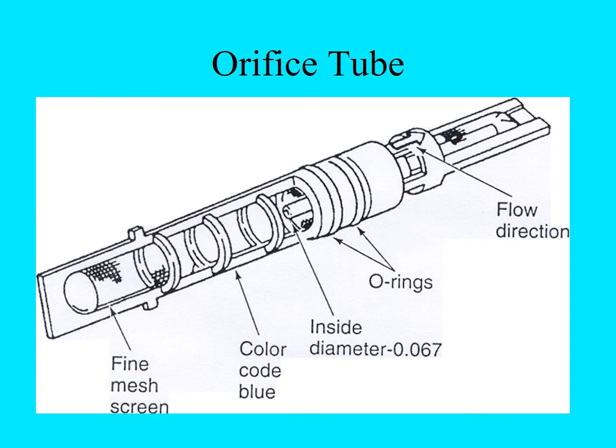So this is a fixed orifice tube being shown here, and basically the inside diameter that's being shown here is the orifice itself. The entire tube is the housing for it, which has a fine mesh screen to prevent any debris from plugging up the orifice tube.